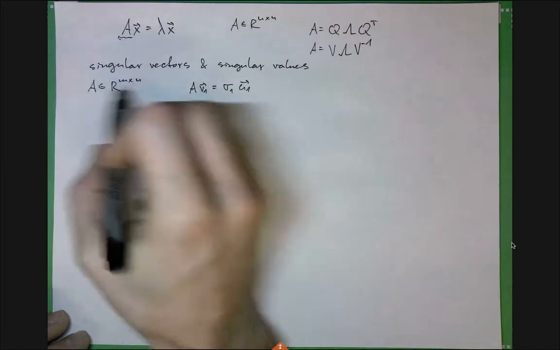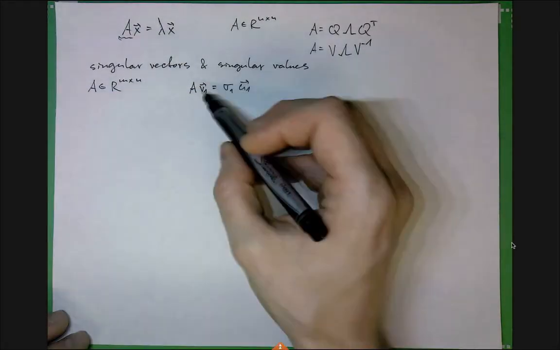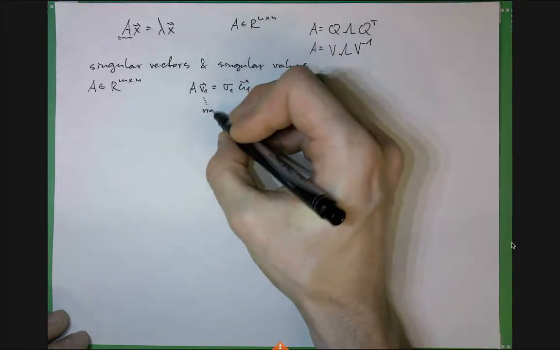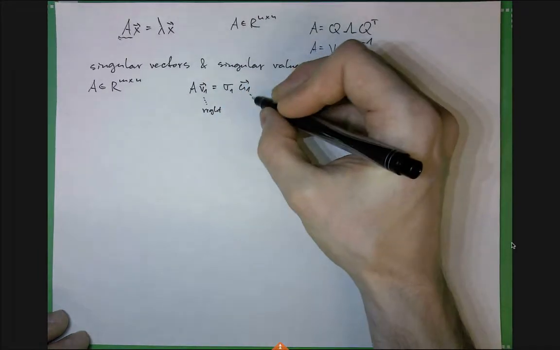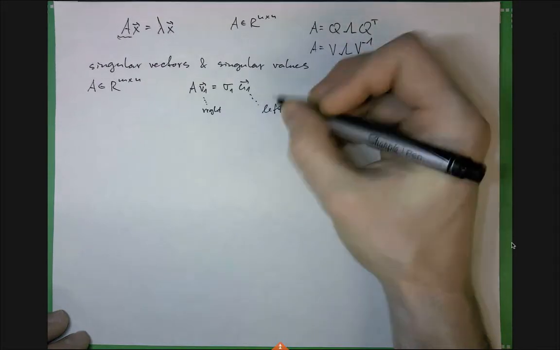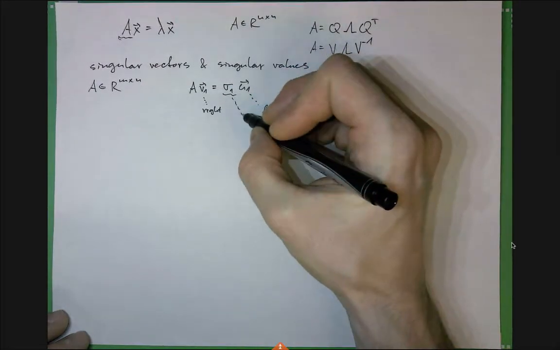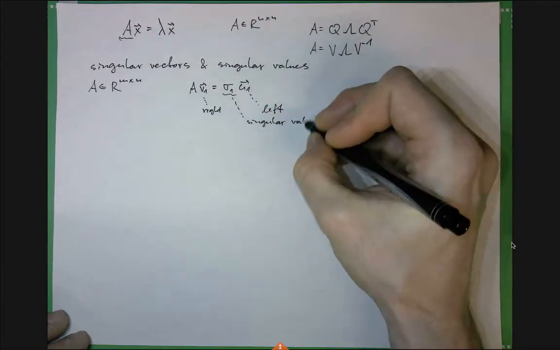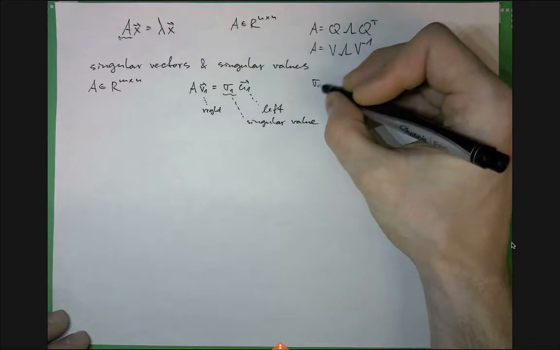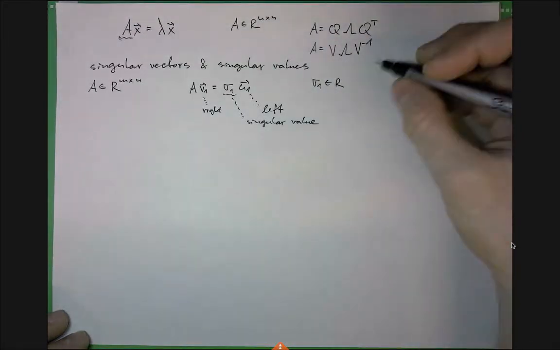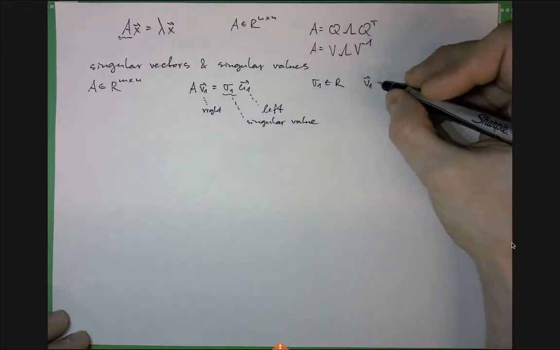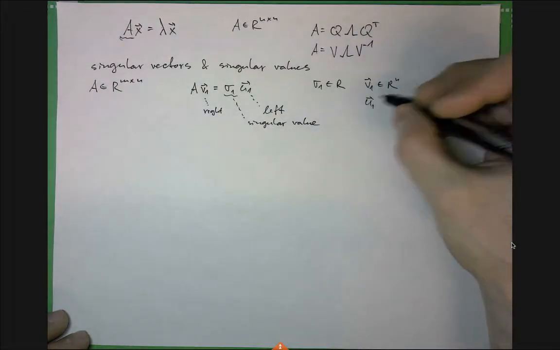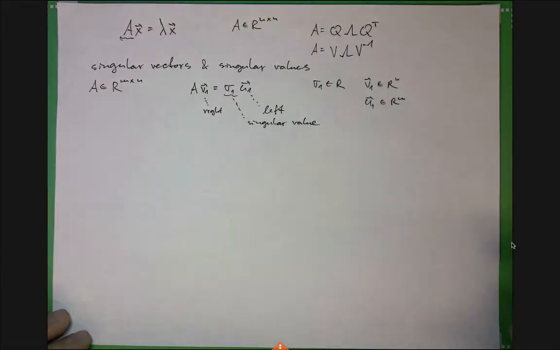If I have an arbitrary matrix A, then I say that v1 is a right singular vector, u1 is a left singular vector, and sigma 1 is a singular value. So sigma 1 is just a scalar, v1 is a vector from R^n, and u1 is a vector from R^m. Okay.